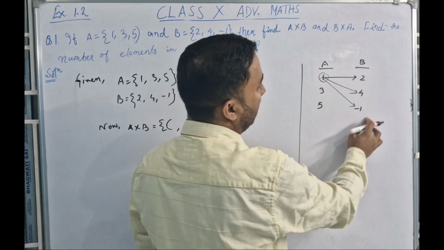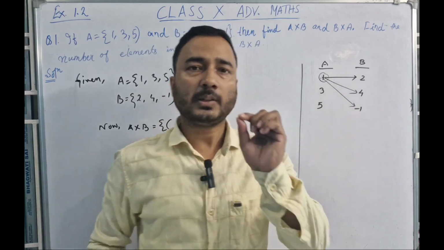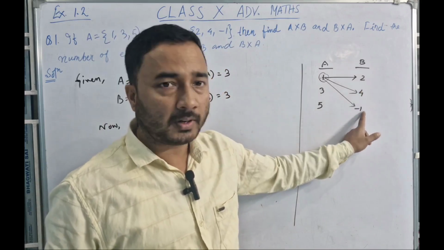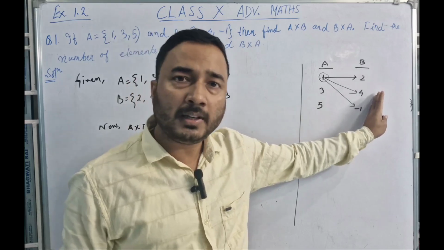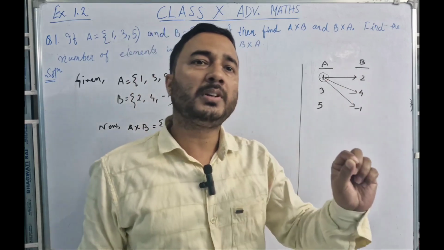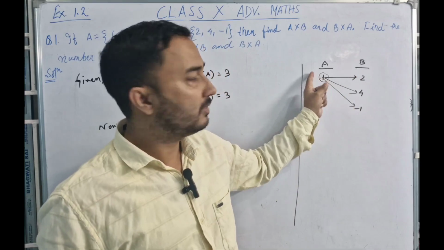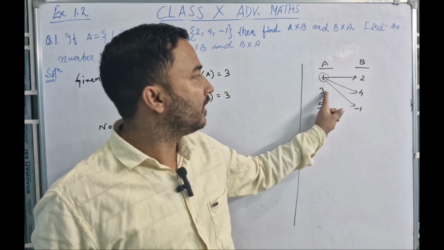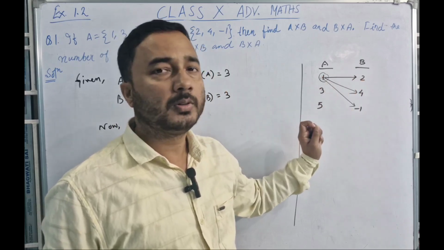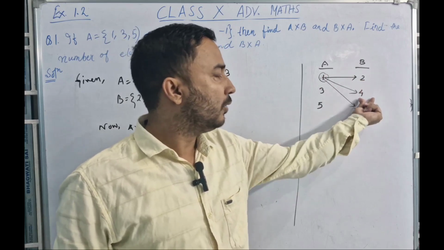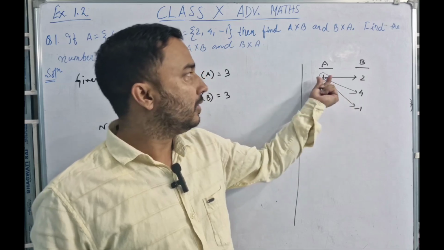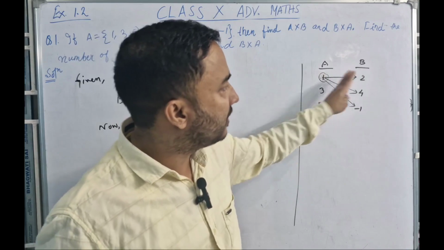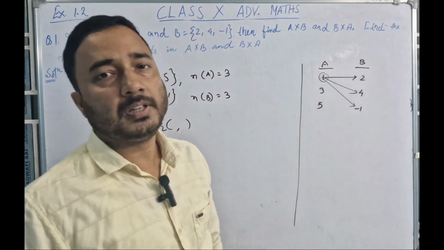But since we have 3 elements in the set B, that are 2, 4 and minus 1, for every element in the set A we will have an ordered pair with each element in the set B. Every element in the set B will be coming as an ordered pair with all the elements in the set A.